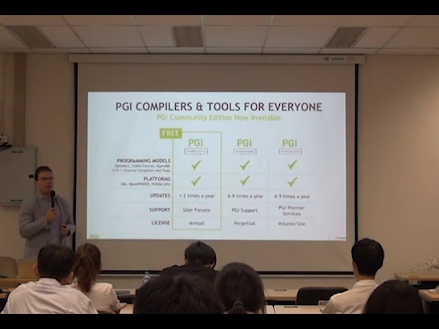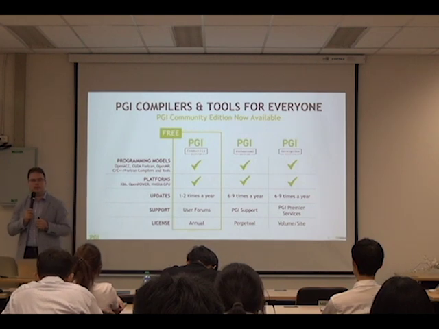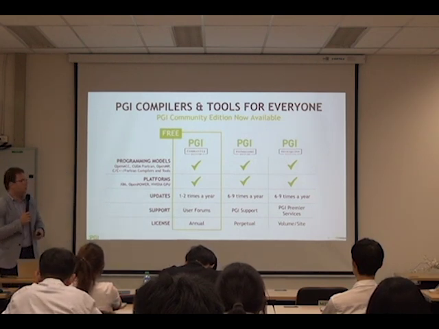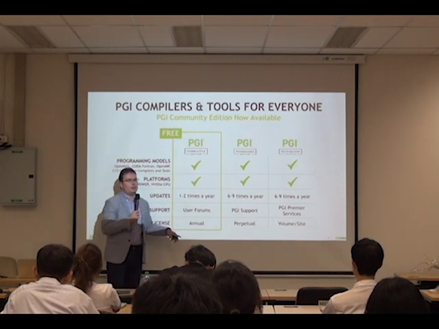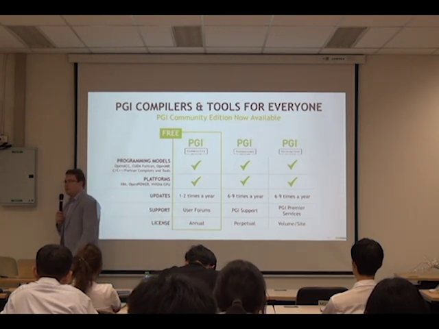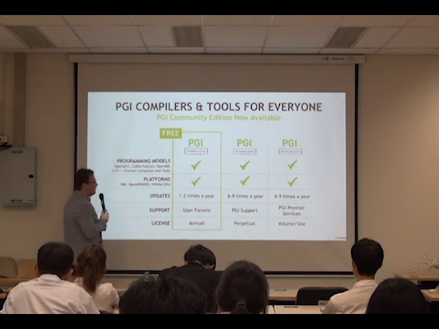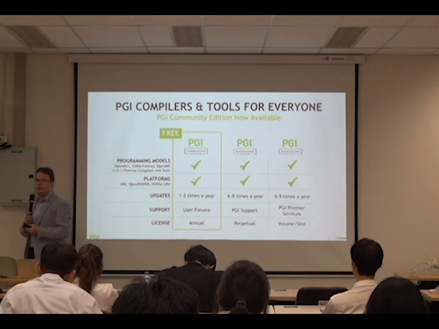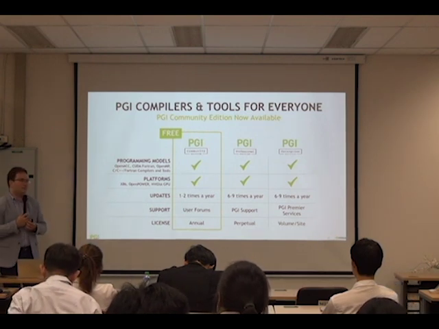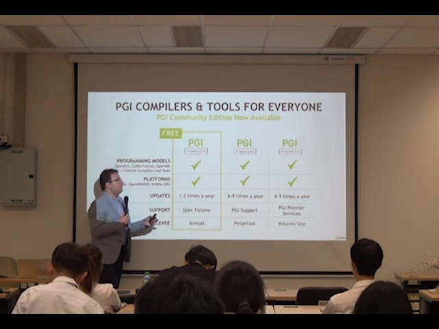And the magic tool is actually called PGI. The PGI compiler allows you to compile OpenACC code. There are multiple versions. You have the community edition, which everyone can download. Once again, if you're registered as a developer, you can get a license that can be renewed every year, indefinitely.